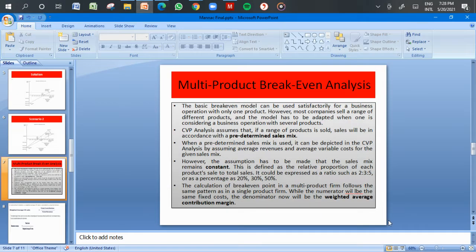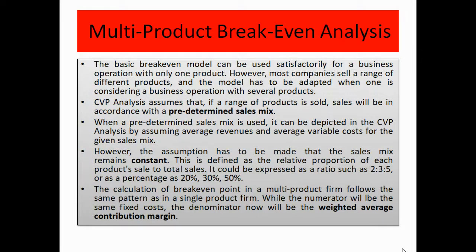So what do we do when we have multi-products? The basic break-even model can also be satisfactorily used for a business operation with only one product. However, most companies sell a range of different products, and the model is to be adapted.